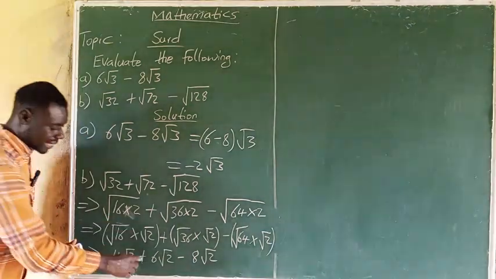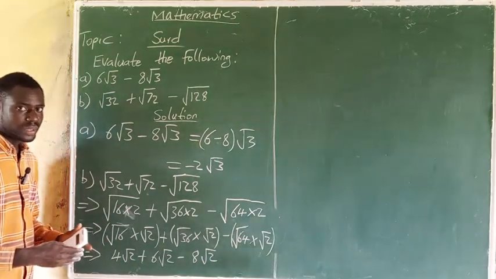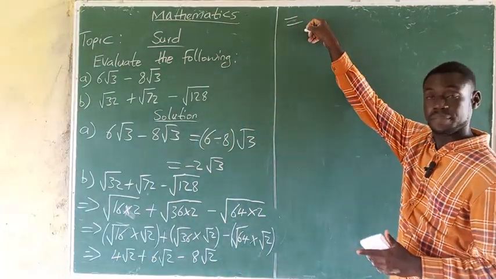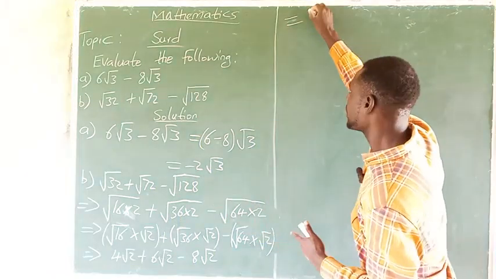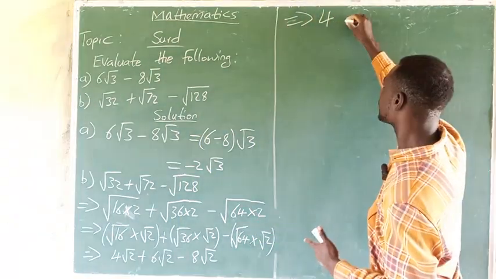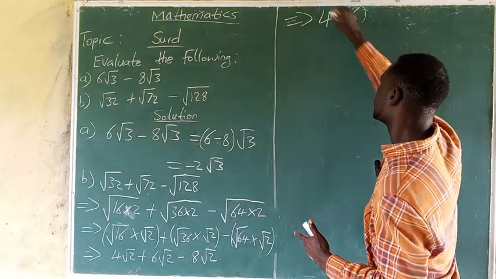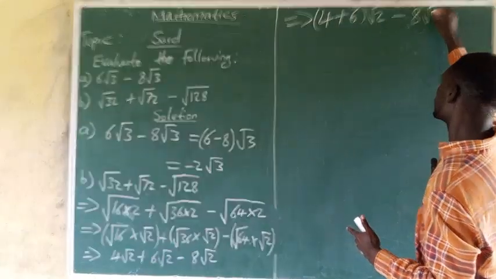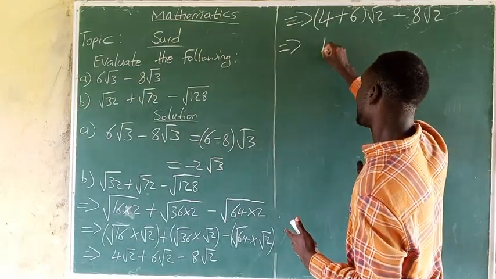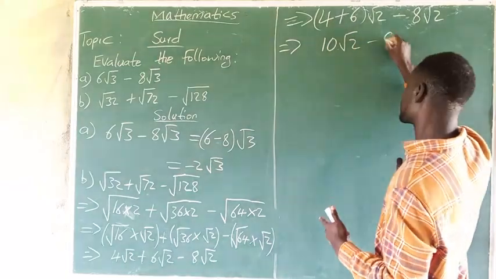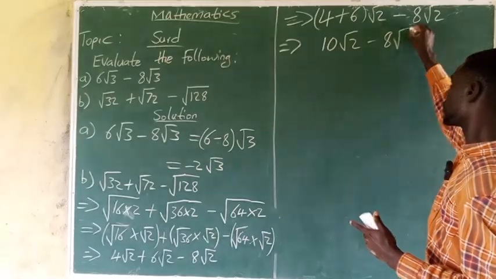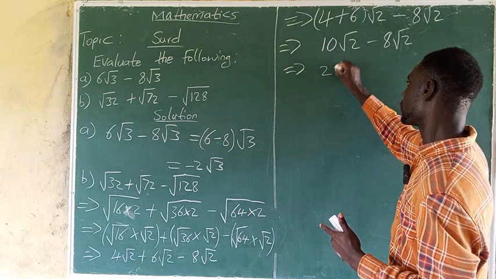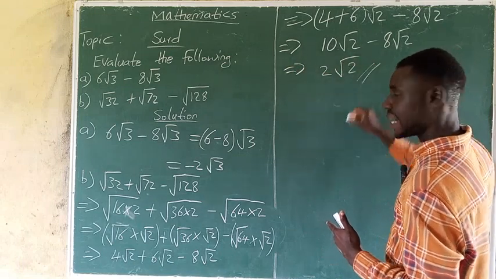Remember in BODMAS, where addition and subtraction are together, you first do the addition. So you bring your 4 root 2 plus 6 root 2 minus 8 root 2, which implies that you have 10 root 2 minus 8 root 2, which will give us 2 root 2 as our final answer.